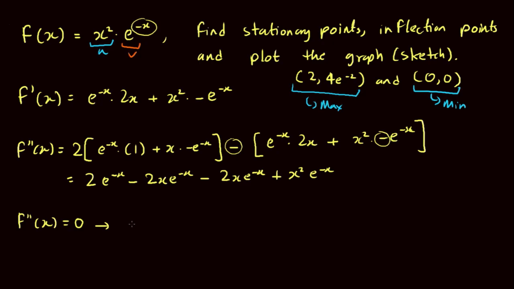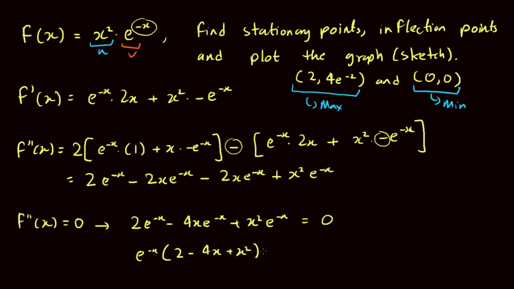Therefore we would have here 2 e to the power of negative x minus 4x e to the power of negative x plus x squared e to the power of negative x equals 0. So we'll have two options, e to the power of negative x and 2 minus 4x plus x squared equals 0.